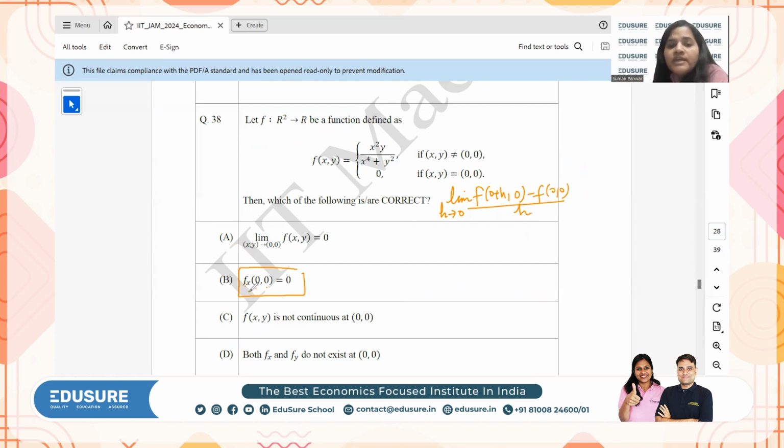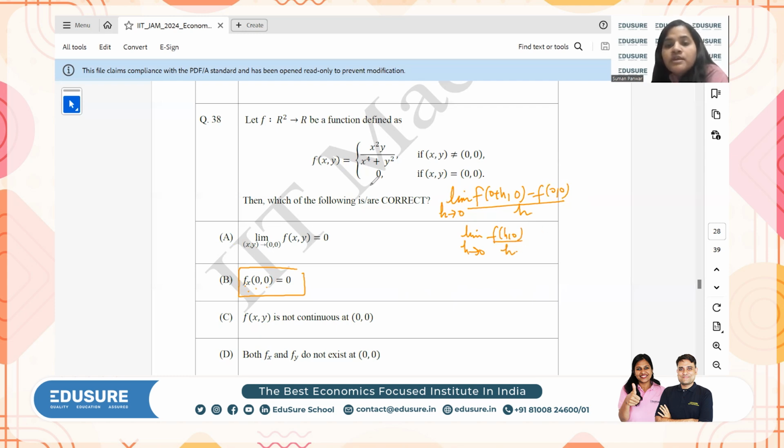Because what we are doing is keeping y constant. We will not be altering y here. We will just be altering x, observing what happens when we introduce a small change in the value of x. So this becomes the limit as h tends to 0 of f(h, 0) divided by h.